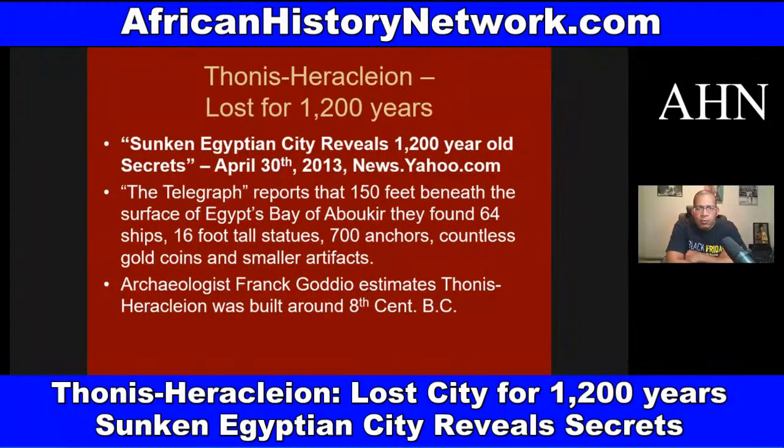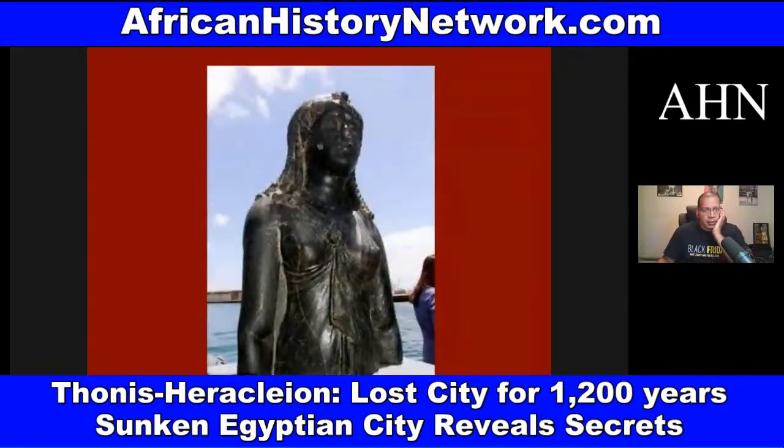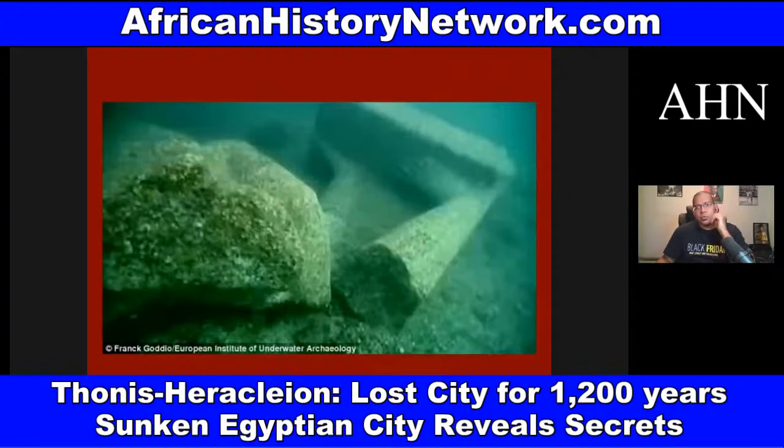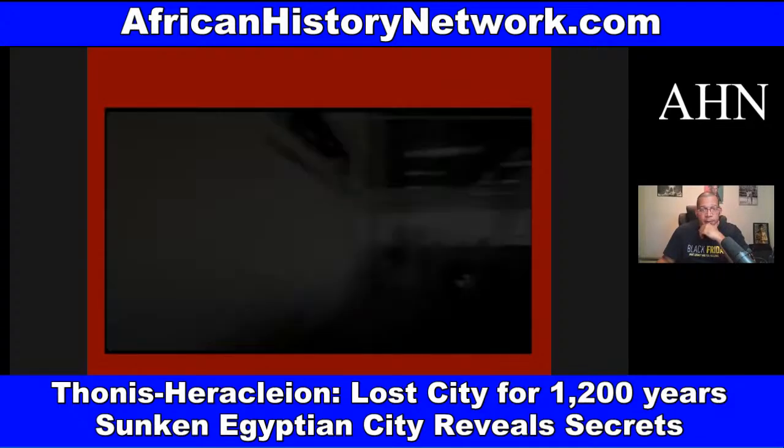Archaeologist Frank Goddio estimates Tanis Heraklion was built around the 8th century BCE, before the Common Era. So here are some pictures of what they found at the bottom of the sea. They found these 16-foot tall statues. Here's one with the legs broken off. Here's one that's probably from Aset with the horns and the sun disk.